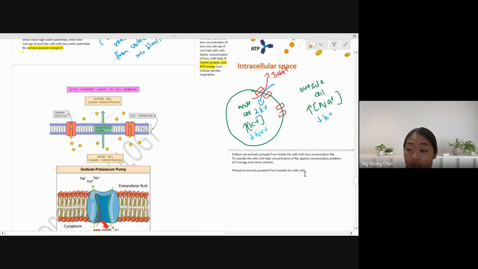So when they pump from the outside of the cell with the low concentration of potassium into the inside of the cell with a very high concentration of potassium, this is also similar, which is against the concentration gradient.